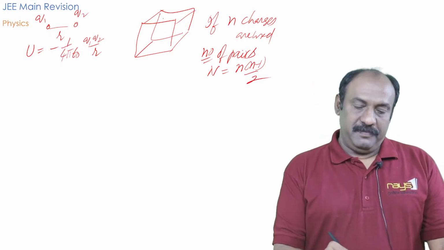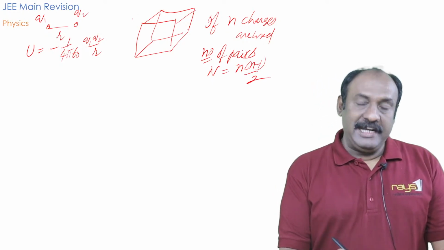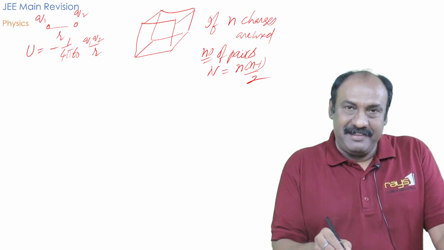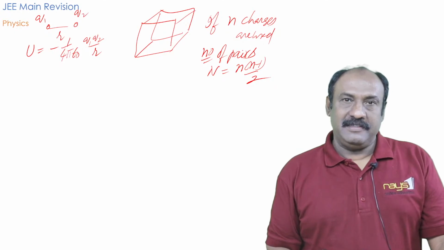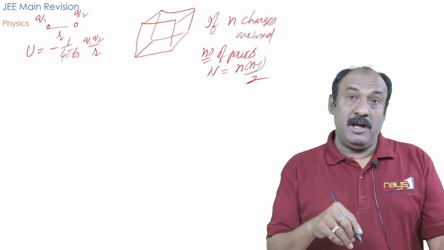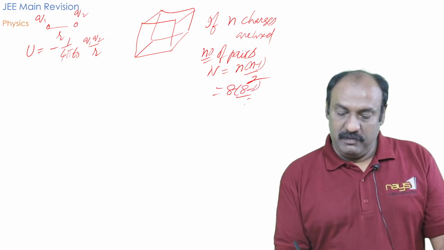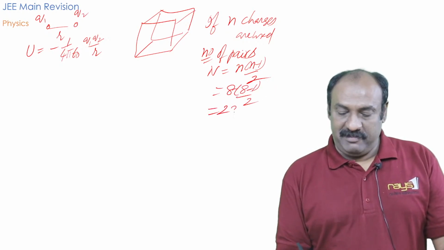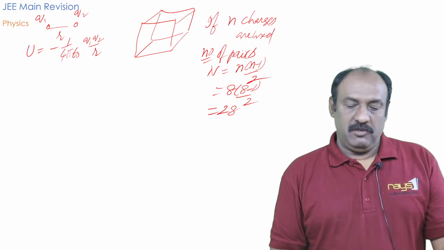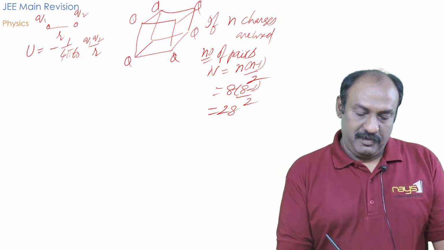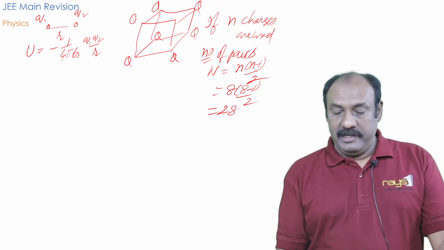For a cube we know that there are 8 corners. Suppose 8 identical charges are placed at the 8 corners, then the number of pairs to be imagined is 8 into 8 minus 1 by 2, that is 28 pairs. Suppose all have the same charge q, then there will be 28 pairs.